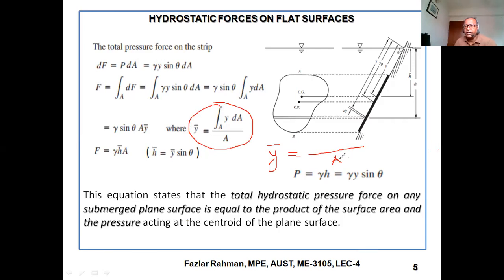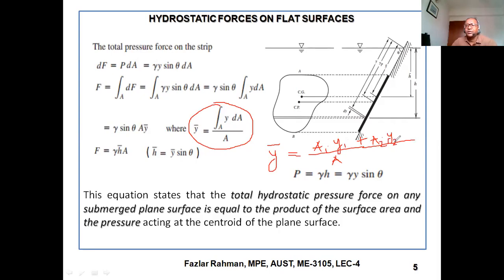I was showing a plate with a triangular portion and then a rectangular portion, and also a hole. In that case, you have to figure out the total summation. You can figure out the area of the triangular portion, say A1, then the vertical height of the CG of the triangular portion, say Y1. Plus, you figure out the area of the rectangular portion and its Y CG.